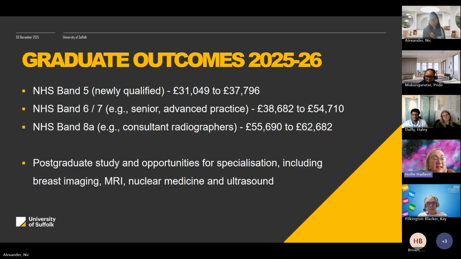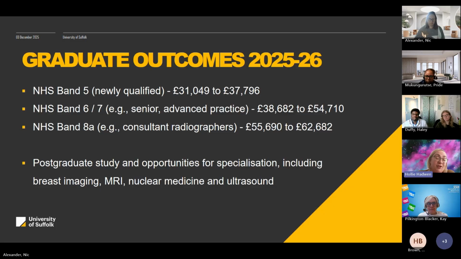As you gain more experience and more seniority, there are opportunities to advance your career, as Rose mentioned, into various different modalities or management, which will bring with it increased responsibilities and increased salary.